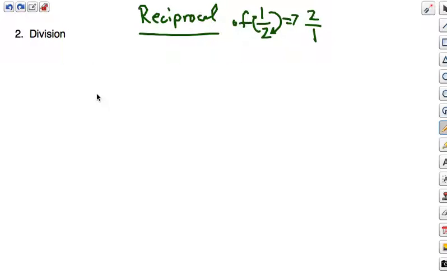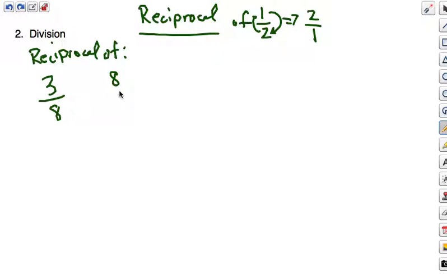Let's do a couple of examples. Let's say we have 3/8. We want to flip our numerator and denominator, and when you do that, you're going to get a product of 1.